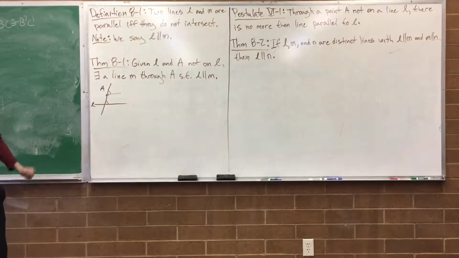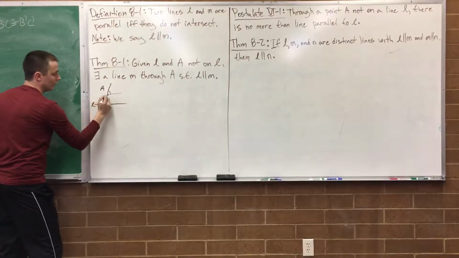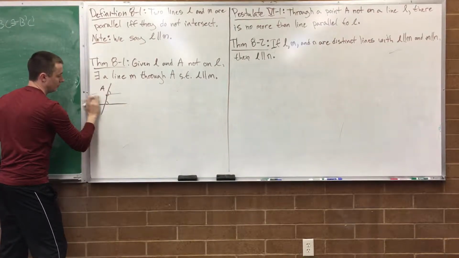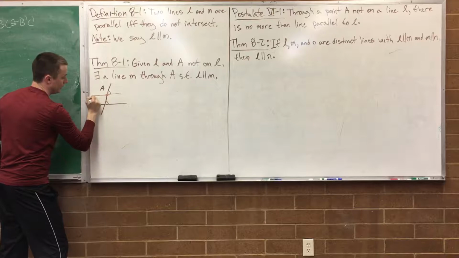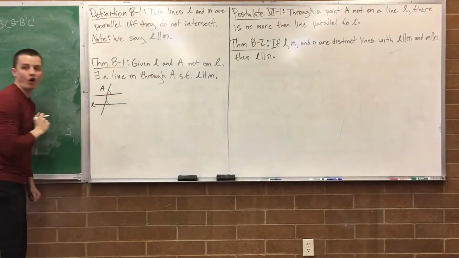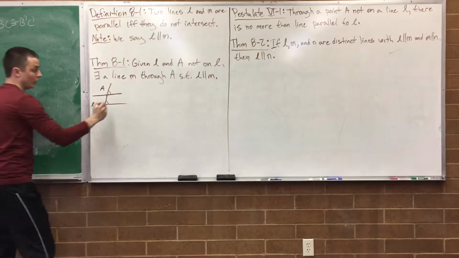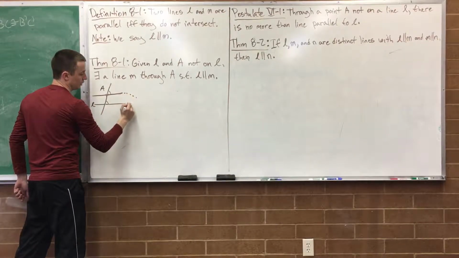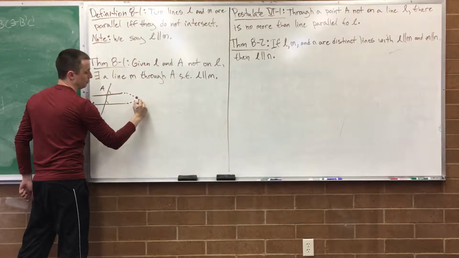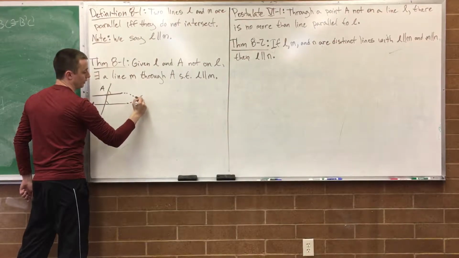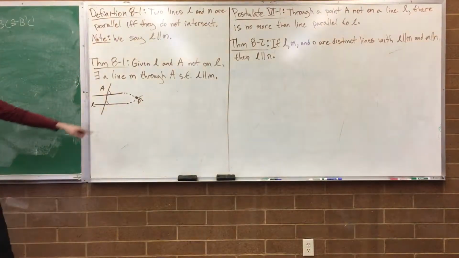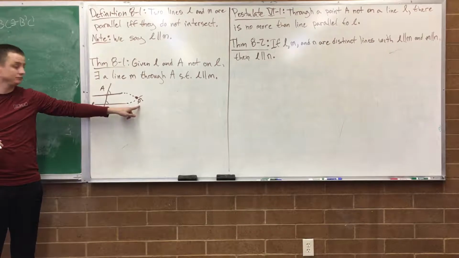Then we're going to assume by way of contradiction that these two lines that they create are not parallel, meaning they intersect somewhere. So we're going to assume that they eventually meet up at some point P and go on their merry way, however they go on, doesn't matter. Right?